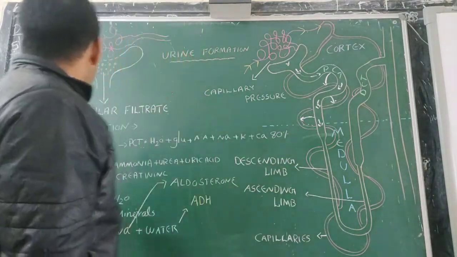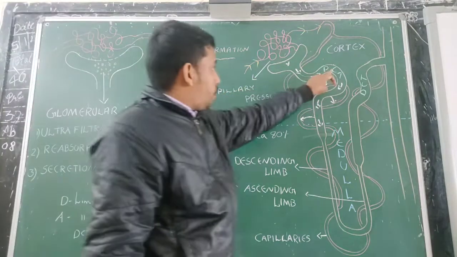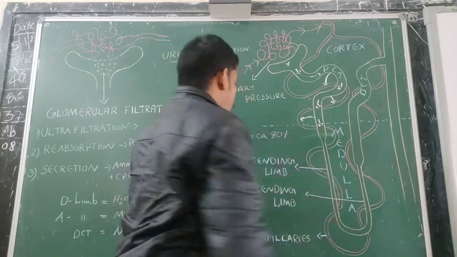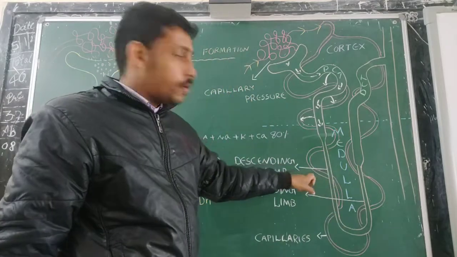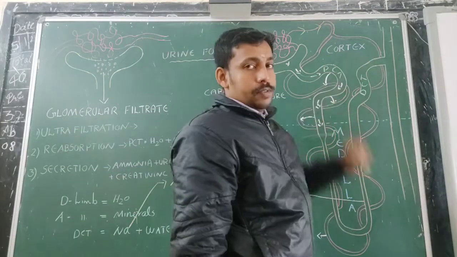Now in reabsorption, we have studied what is happening in the PCT. This is the descending limb of Henle's loop, this is the ascending limb of Henle's loop, then the DCT.